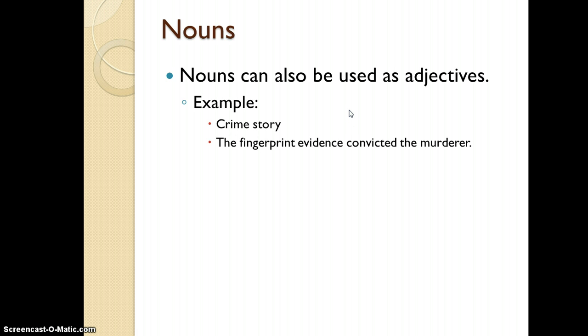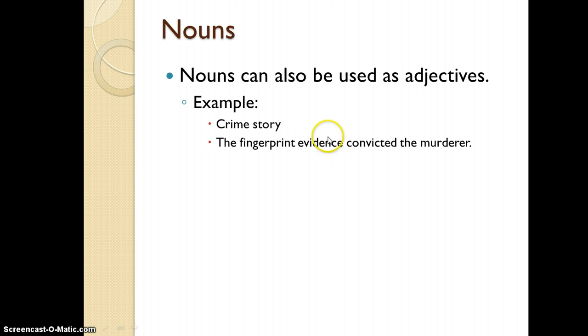So notice the examples of nouns as adjectives in the next sentence. The fingerprint evidence convicted the murderer. So what is our noun being used as an adjective here? If you think about the previous sentences, it's fingerprint. A fingerprint is a thing, it's a noun, but we're talking about the type of evidence, so it's an adjective.